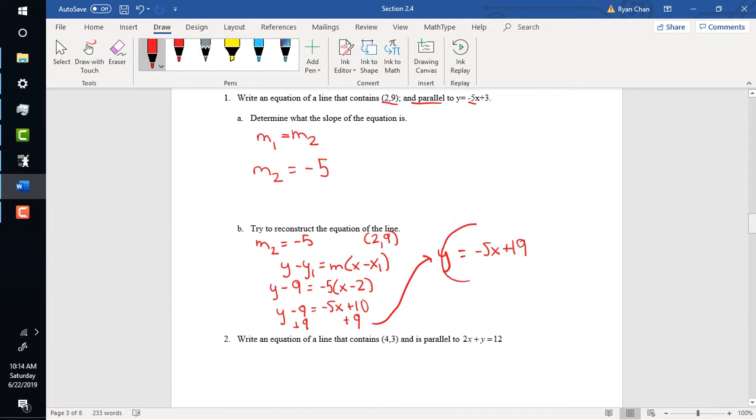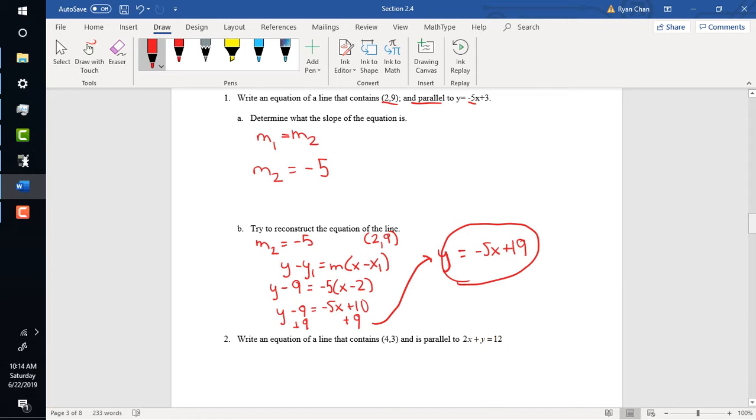Let's talk about this. This should be parallel because they have the same slope but different y-intercepts. When you're doing math problems, it's generally easy to mess up, so you want to look and ask, does my answer make sense? Even if hypothetically we screwed up somewhere, I can see my answer makes sense because I have the same slope and a different y-intercept, which is the definition of being parallel.